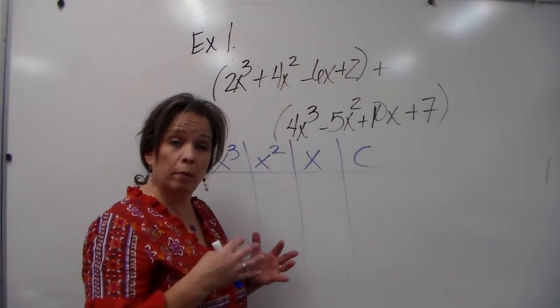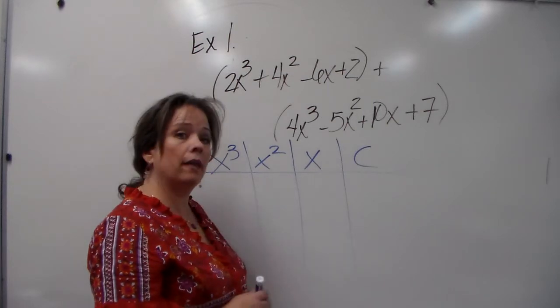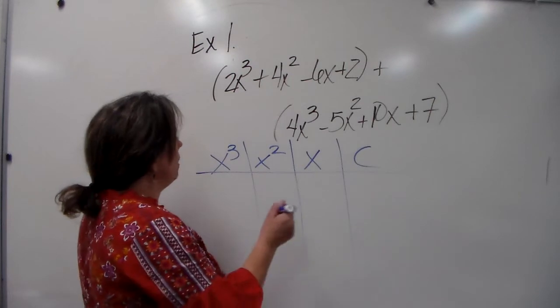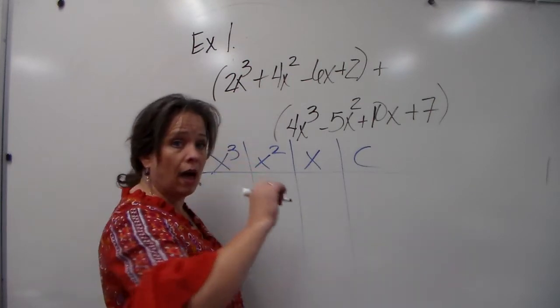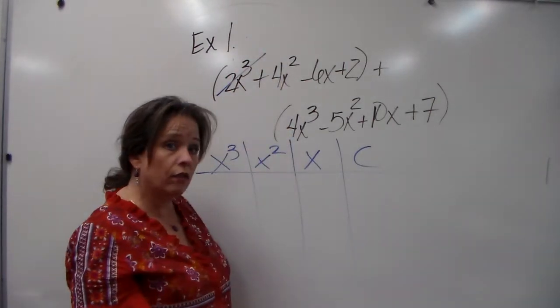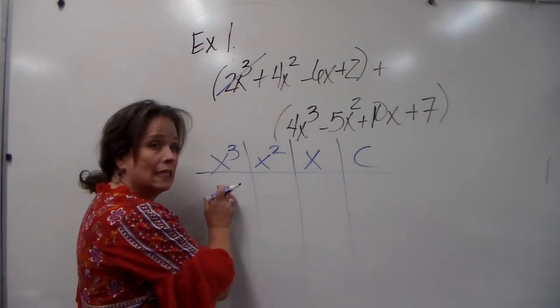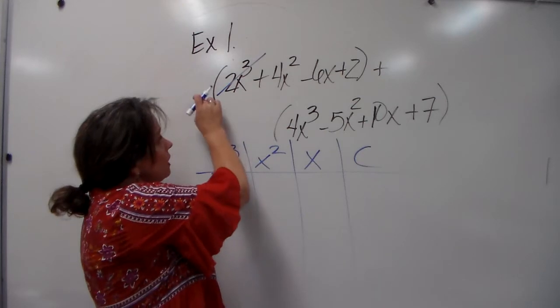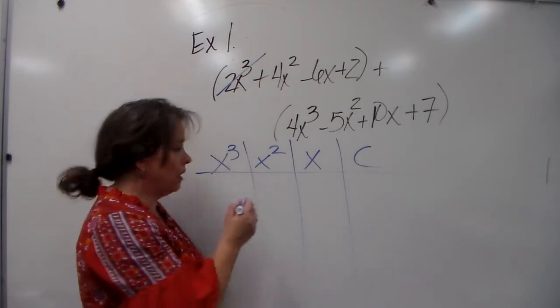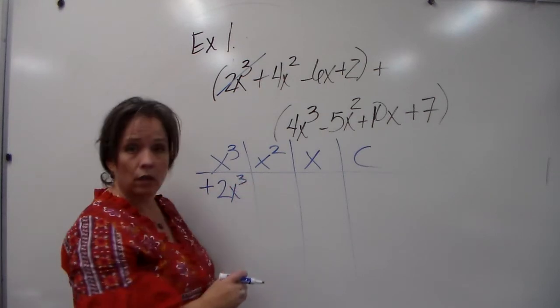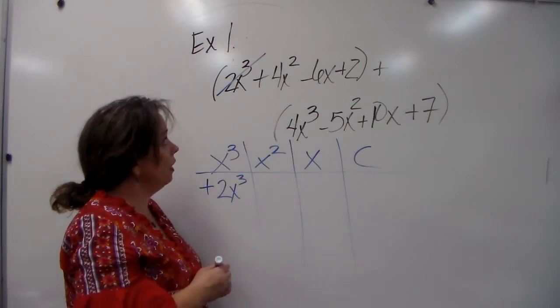And we want to put all of our terms in these columns. We're going to sort them, right? And then we'll combine them. So when we put them in our sorting columns, we want to make sure to line them out so we know that we've accounted for that term. When we put it in our column, we're going to make sure to put the sign on that term. So the sign on that 2x cubed is positive, so we'll write 2x cubed in our sorting. Okay?